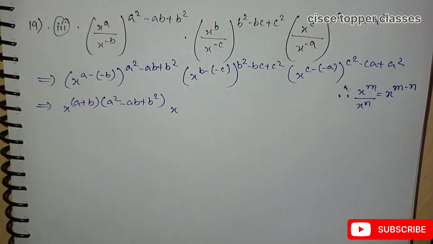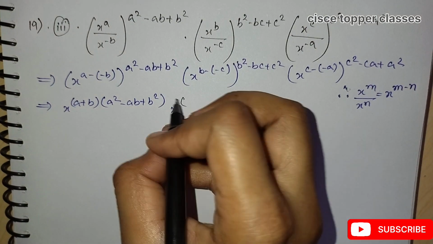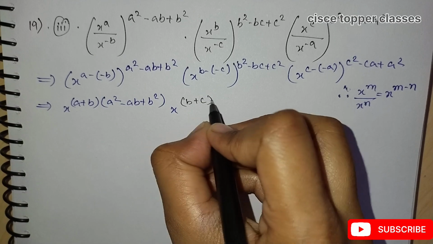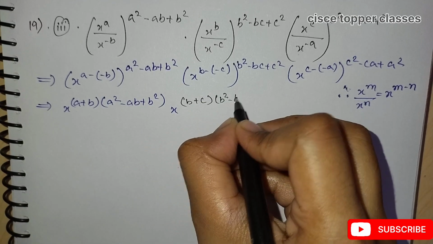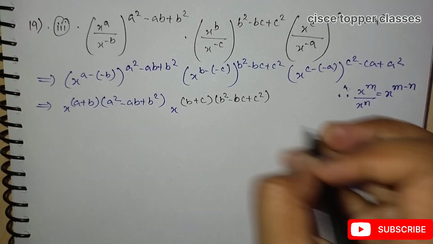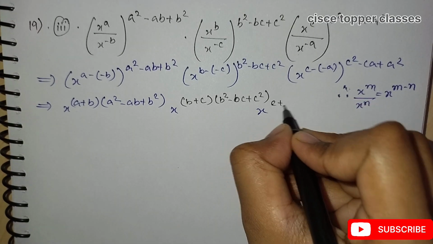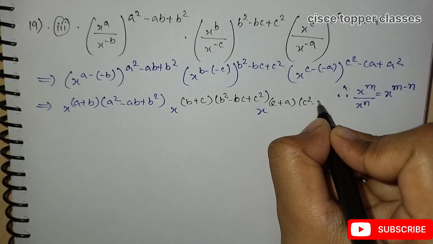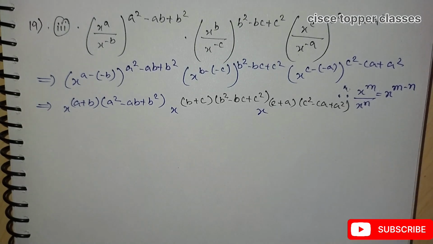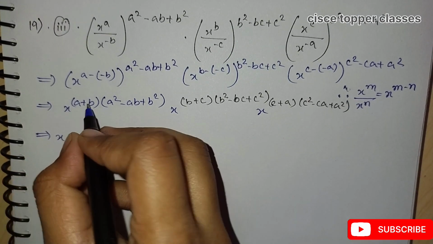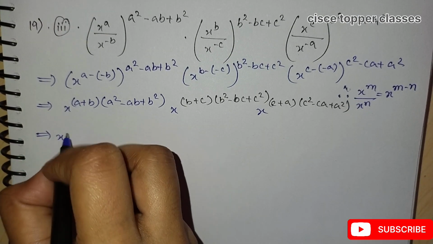Again, x to the power, we can write it to differentiate it here: b plus c, b square minus bc plus c square. Here also x, and here c plus a, c square minus ca plus a square. Simply we can write these as the formula of a cube plus b cube.